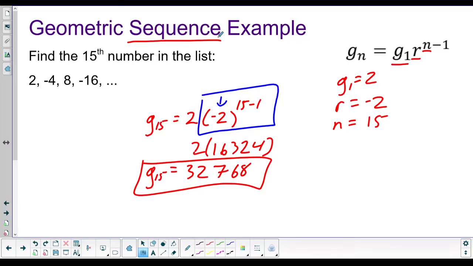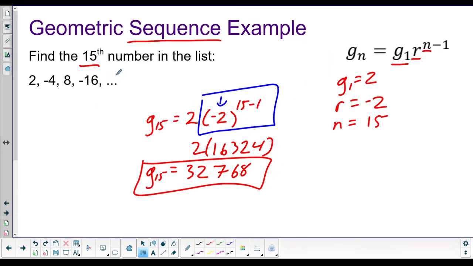That's just finding a number in the list without having to actually multiply by negative 2 15 times, because typically what I do is I ask for like the 27th number, and then I have kids type it in their calculator 27 times, and almost without fail, like a third of the kids get it wrong because they count the wrong number of things. So this is just a more reliable way to get the answer.